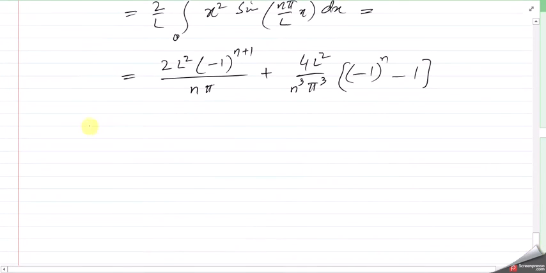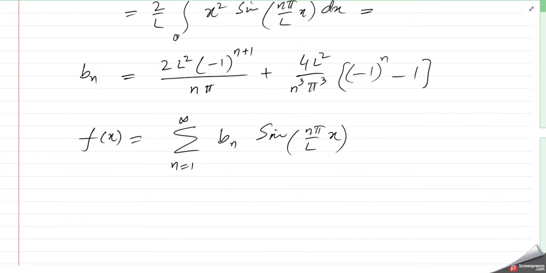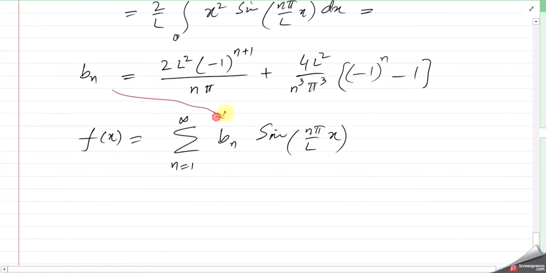And in this case, the Fourier sine series is only summation n from 1 to infinity bn sine n pi over Lx, and we just put this bn over here, and that gives the series. That's all.